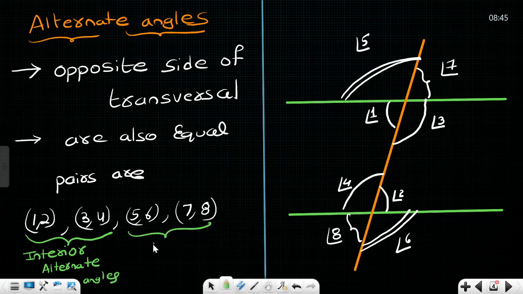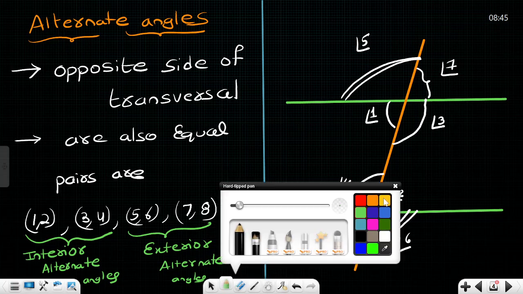This one, exterior alternate angles. Interior alternate angles and exterior alternate angles.